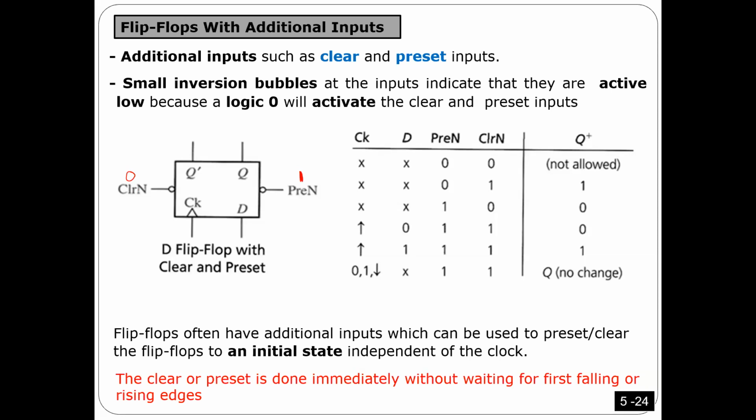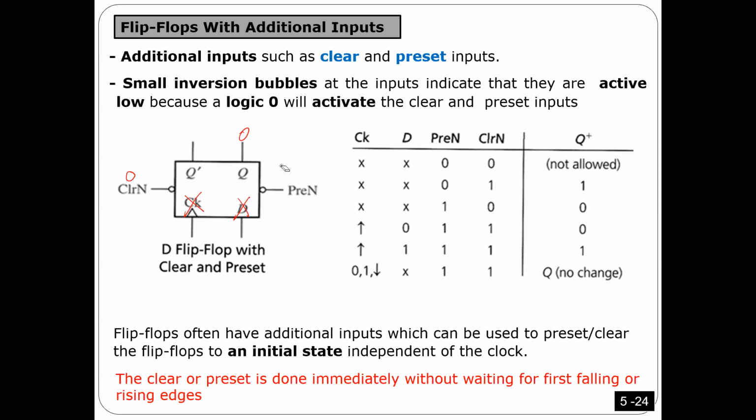That means if you want to clear, you have to put 0. This one is also active low. So if you have 0 here and 1 here, that means regardless of the clock, regardless of anything, the output will be 0. I'm gonna clear. I'm not gonna wait for the clock, because this is not the normal operation. That's a reset, immediate reset, regardless of the clock. So this is one case.